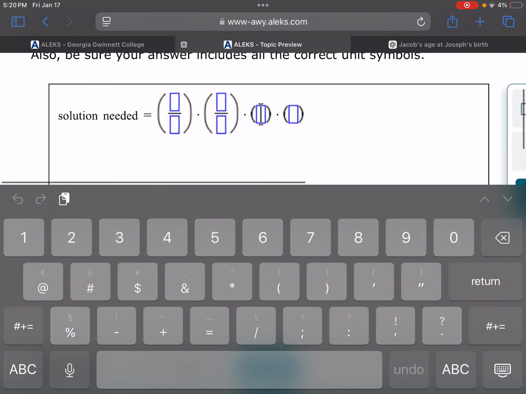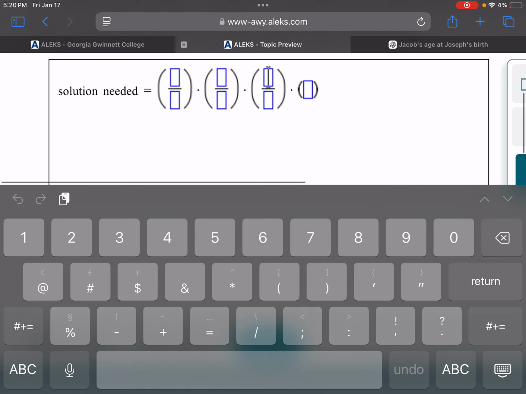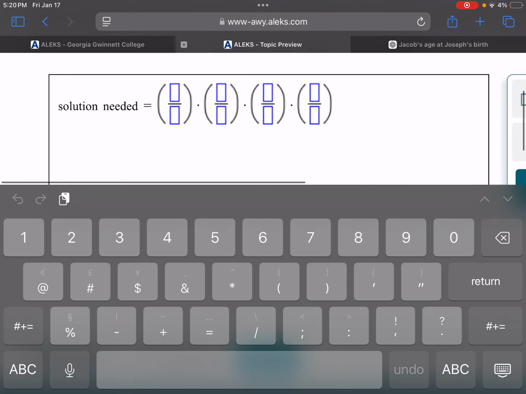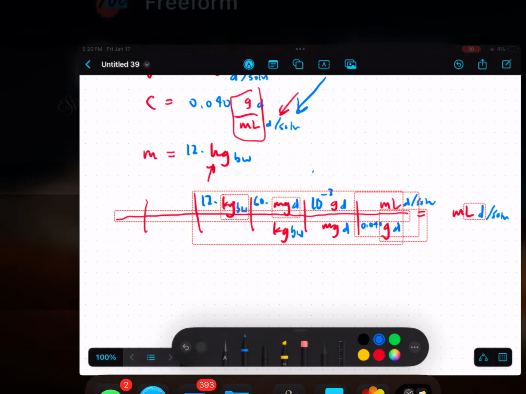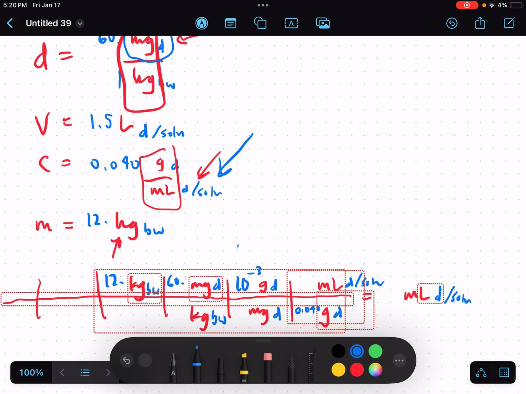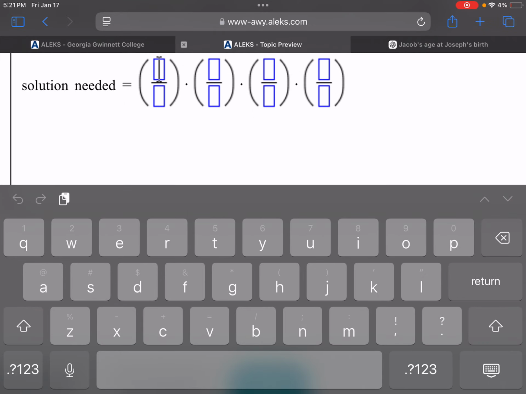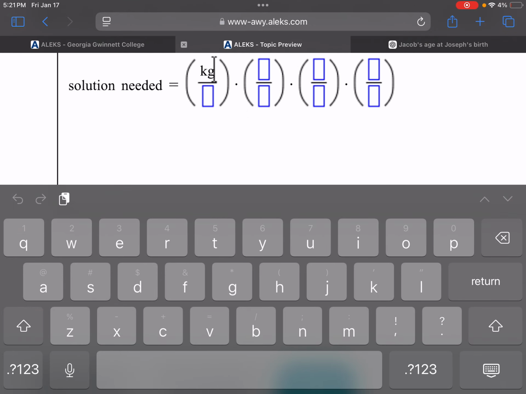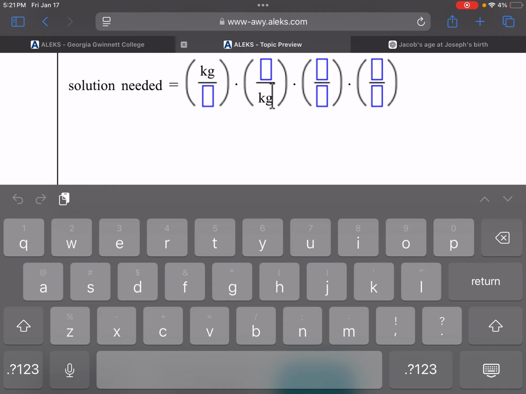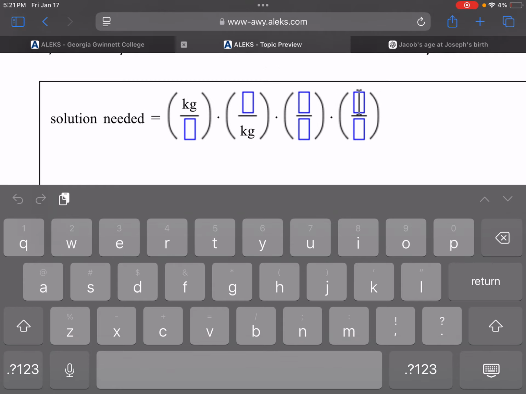Okay? And the first one, I forget. The first one was kilograms. And so this is going to be kilograms because it's going to cross off. Remember, this is the cross them off game we're playing, right? And this was milliliters. Remember that.